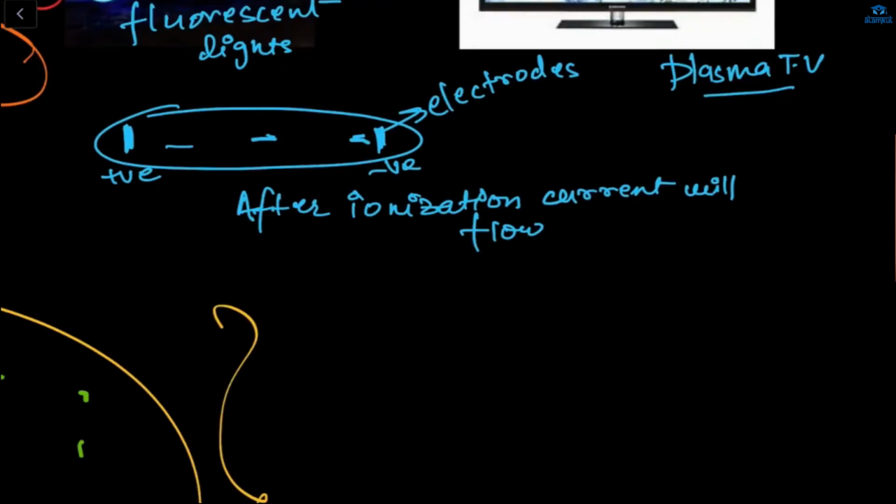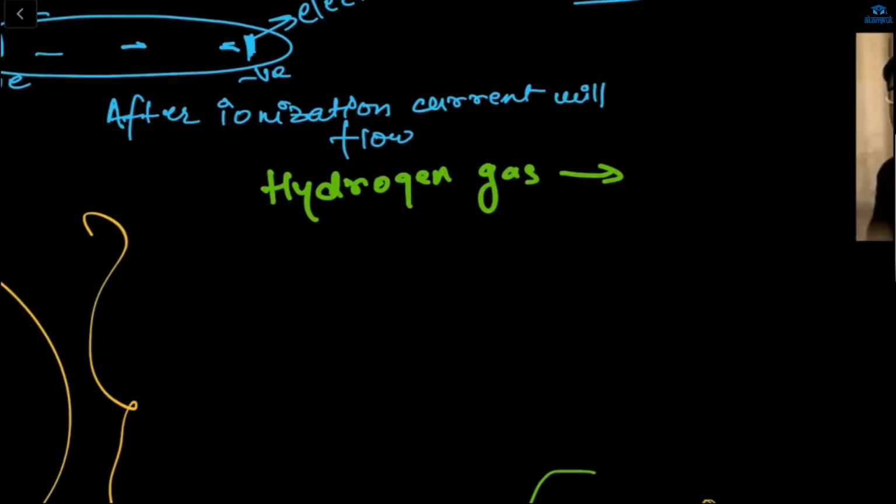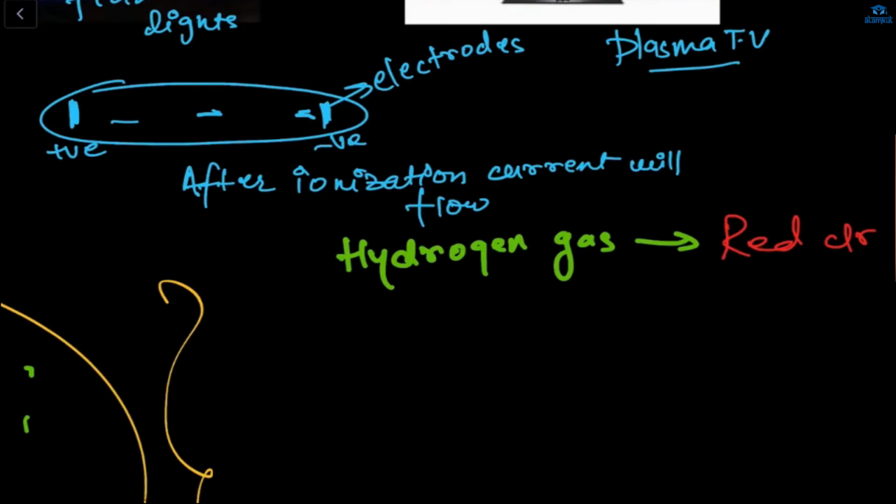Let me write. If hydrogen gas is present, then it will emit what? Hydrogen gas, then red color. Okay, and if helium gas is present inside this tube, after ionization, the current will flow, and according to the gas it will emit the color.